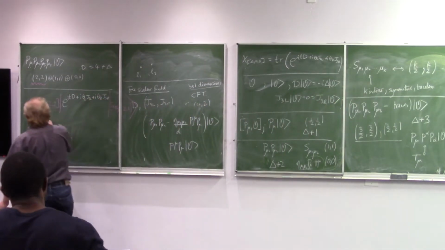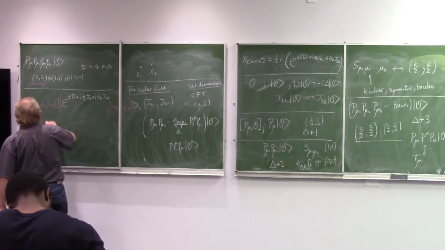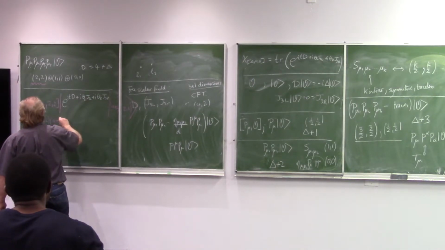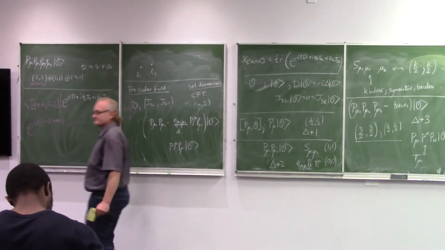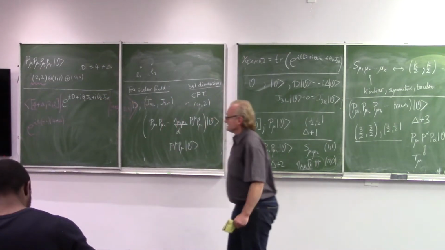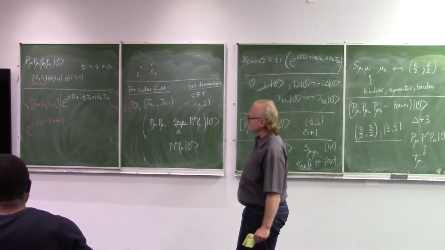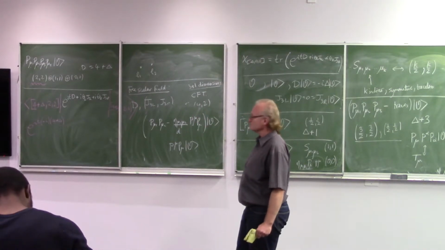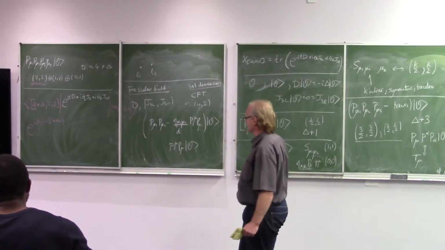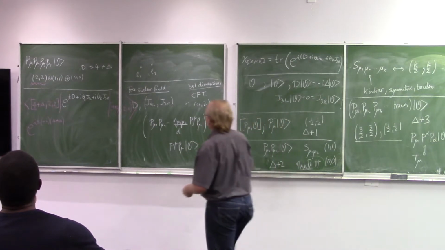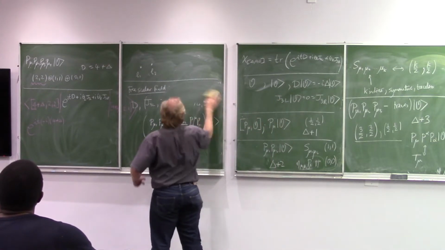So we'll get minus i, and then 4 plus delta. And now we need to be a little more careful, because you see, even though I've written this as one state, this isn't really one state. Okay, it's many states. So let's see why.